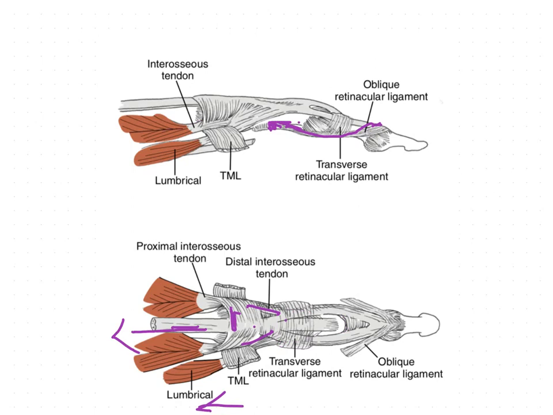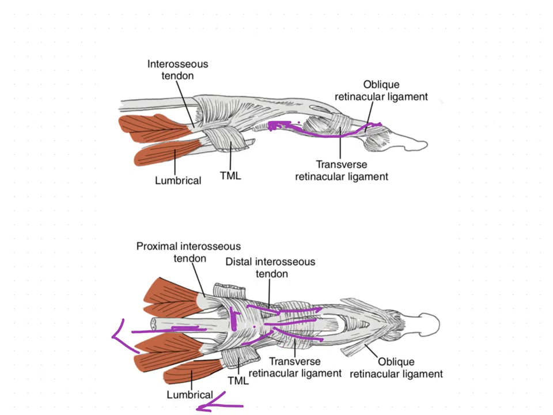One is the central tendon, and then two lateral bands, and volarly, the oblique retinacular ligament is also crossing this joint. So dorsally by the central tendon and the two lateral bands, volarly by the oblique retinacular ligaments.